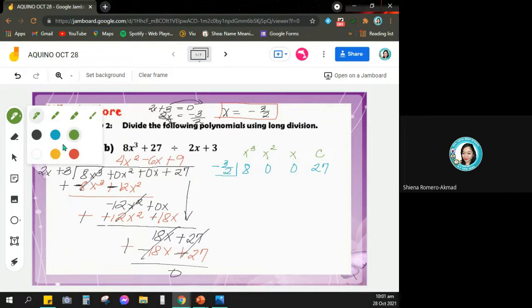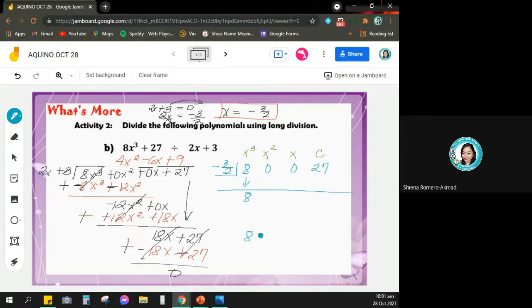Okay? Dahil fraction, gamit tayong scratch dito sa baba. Para hindi mahirap. Okay? 8, bring down 8. So, we have 8 times negative 3 halves. Tandaan nyo, pag nagmo-multiply kayo sa fraction, whole number tapos fraction, remember to cancel out para mas madali siya, okay?